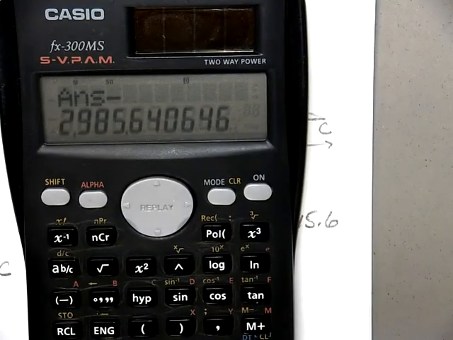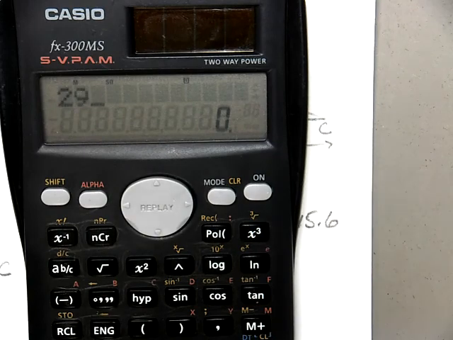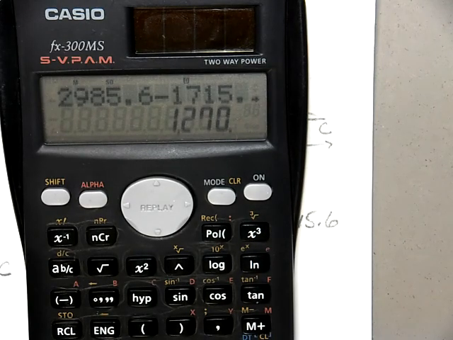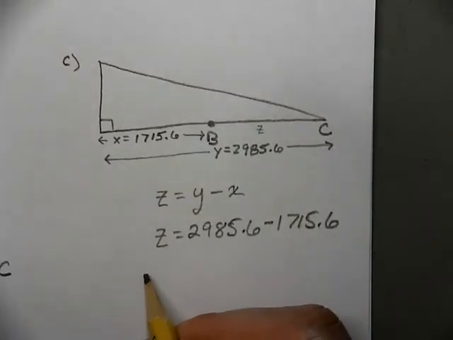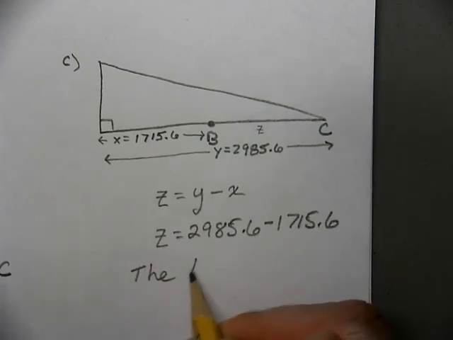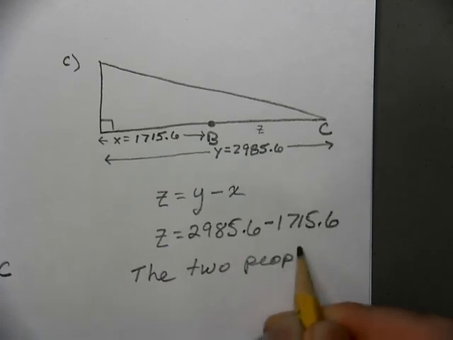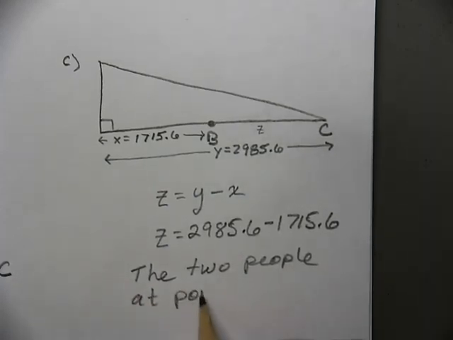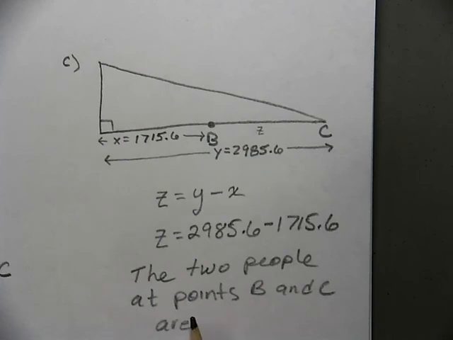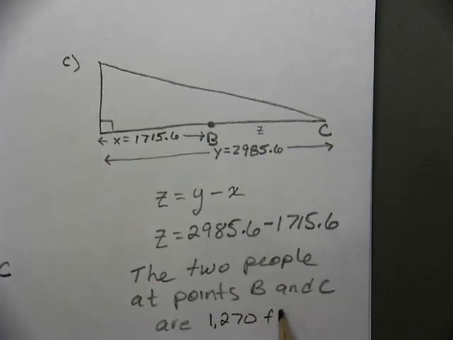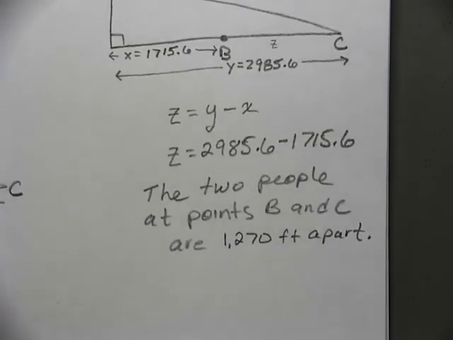Using our calculator, we take 2,985.6 and subtract 1,715.6, which is 1,270. The people are 1,270 feet apart.